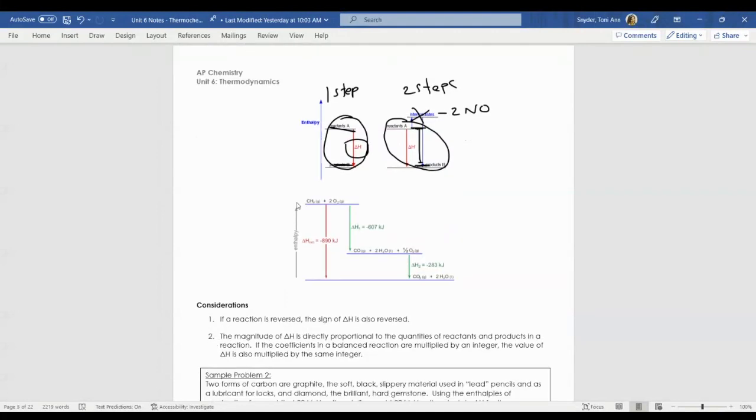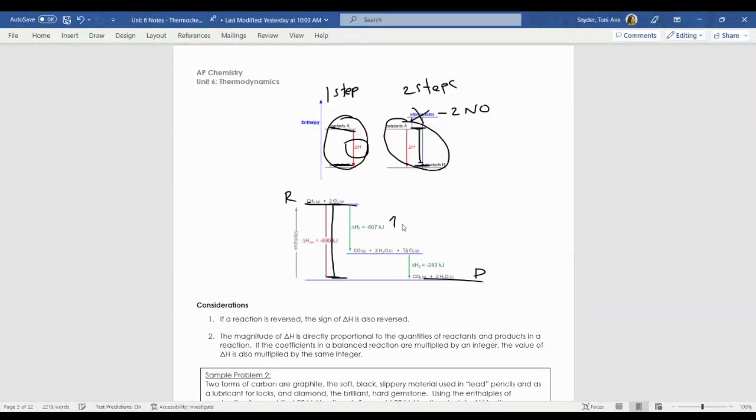Here's a specific reaction. So the combustion of methane typically occurs in two steps, okay? Here's my reactants up here, and my products are all the way down here. So if this reaction happens in two steps, here's my reactants and here's my products.